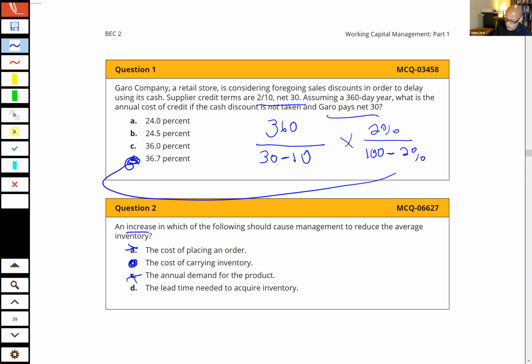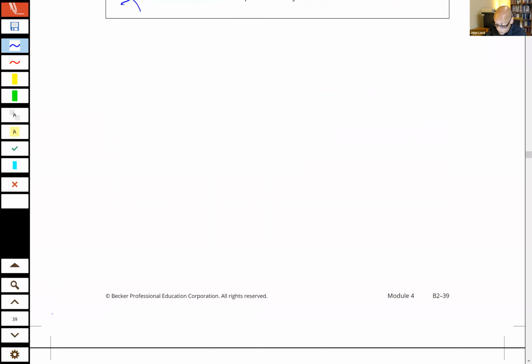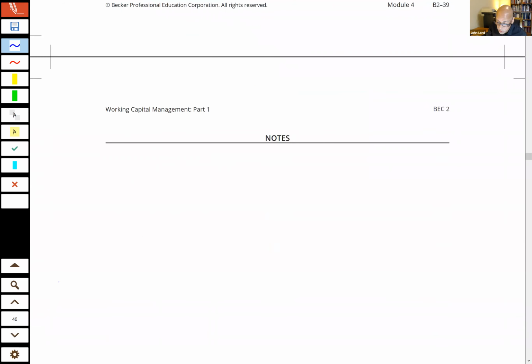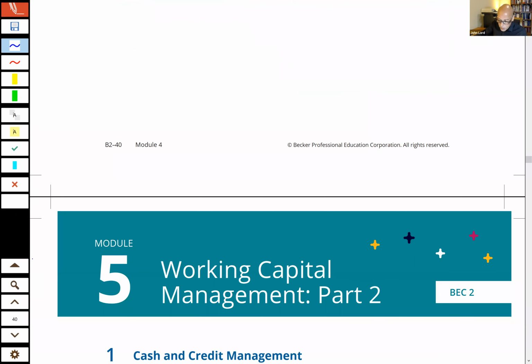Lead time needed to acquire the inventory, if that time is increasing, then we'll want to carry more inventory since we need more time to purchase or produce it. So B is the correct answer. Okay, good. So it's not a matter of just knowing those terms that I asked you to flashcard earlier. It's also knowing how they would impact the levels of inventory that we would carry.